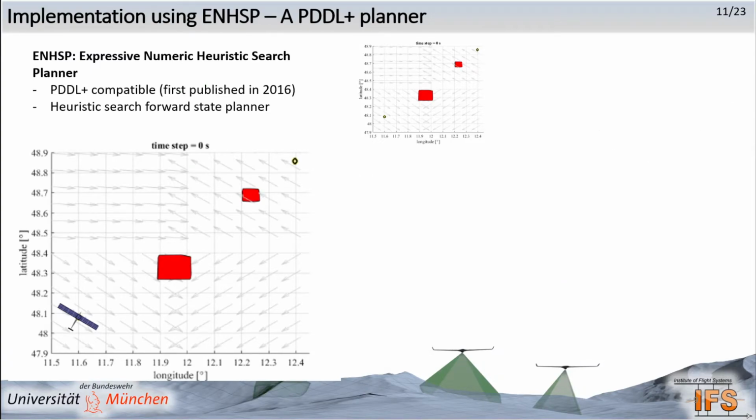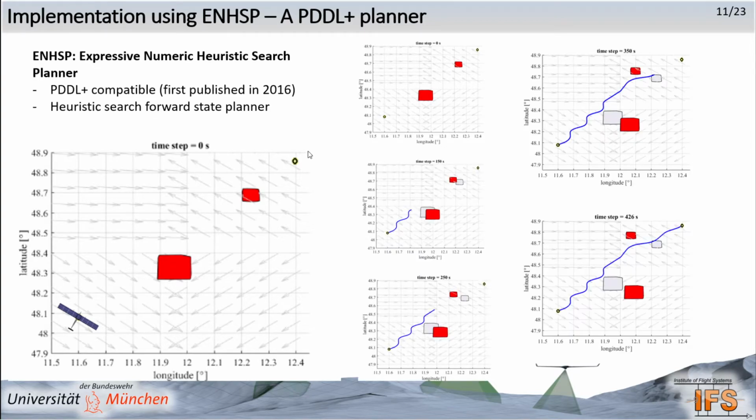We're using ENHSP, which is a PDDL+ planner first published in 2016 that has heuristics to support nonlinear mathematical operations. Here you can see the path plan for the HAPS from A to B over time using weather forecasts on the wind field and the dynamic hazardous weather zones. We also tested the plan successfully with a 6 degree of freedom simulator provided by the German Aerospace Center.